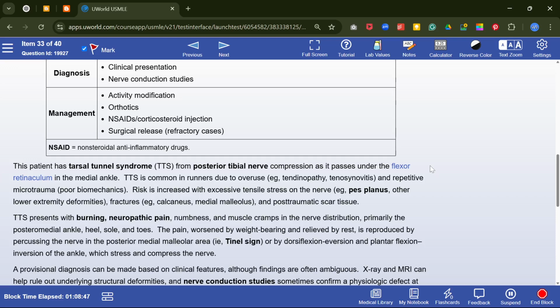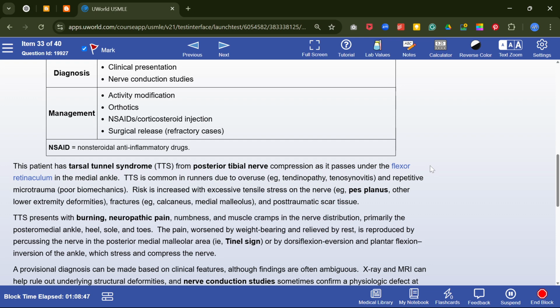Tarsal tunnel syndrome presents with burning neuropathic numbness and muscle cramps in the nerve distribution, primarily in the posterior medial ankle, heel, sole, and toes.